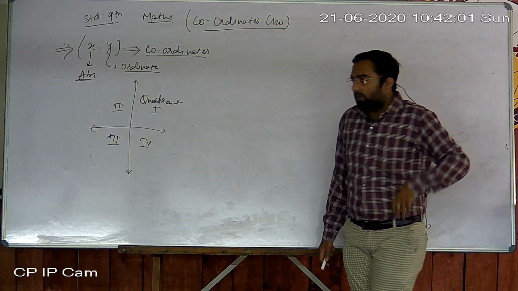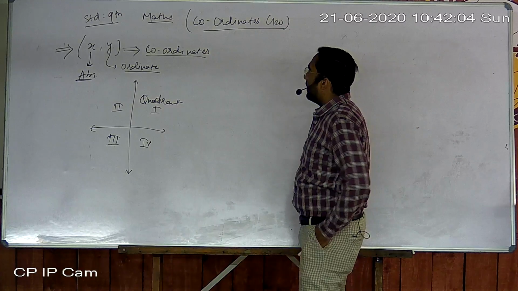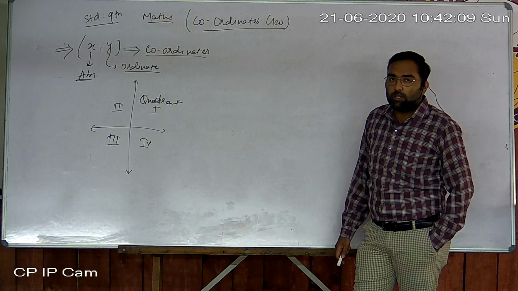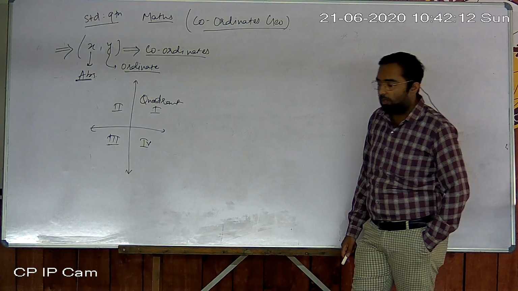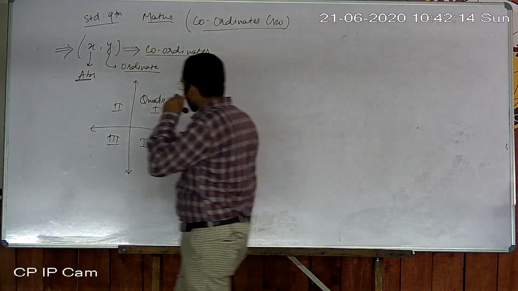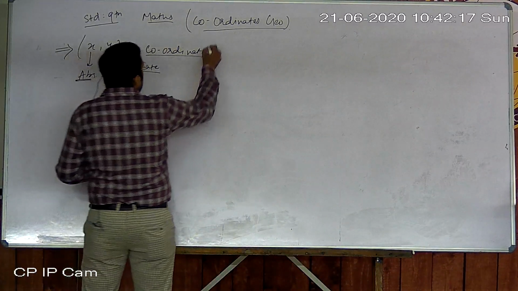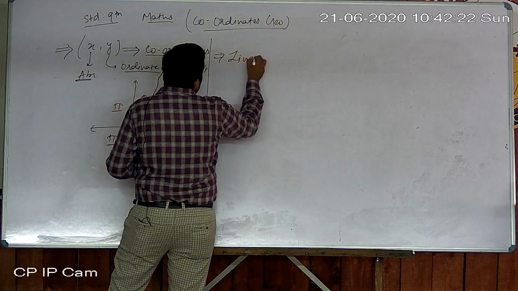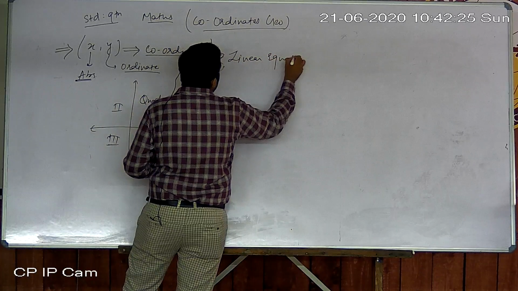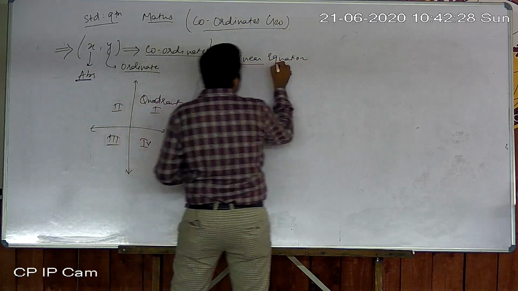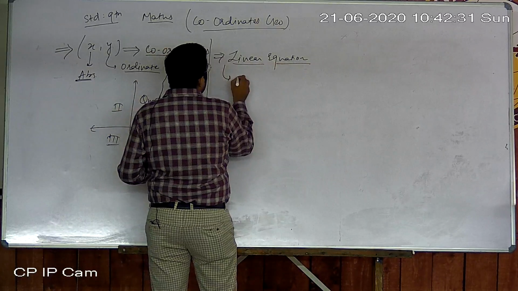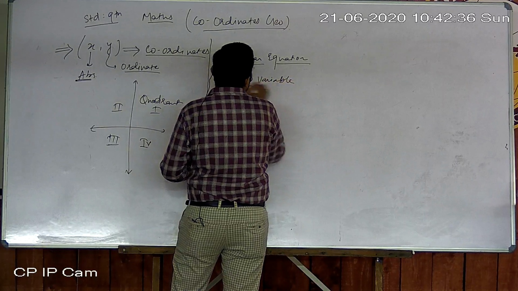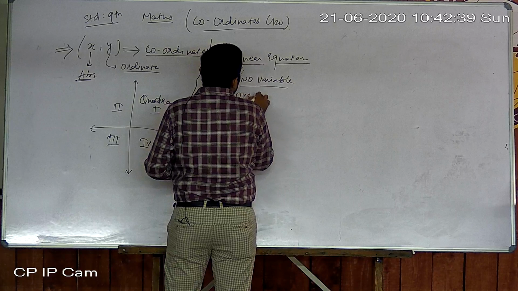As per the previous lectures, we learned how to plot the points of the coordinates. Now in today's lecture we are learning about plotting the linear equation with 2 variables, and also in 1 variable.